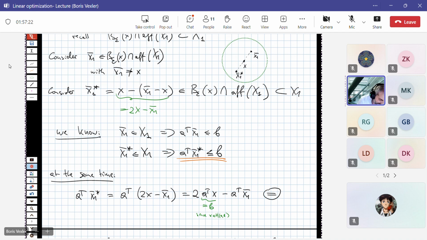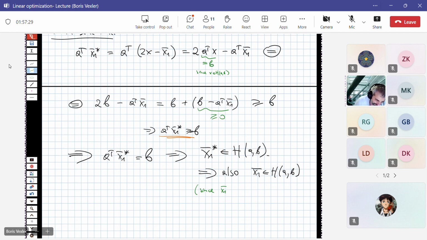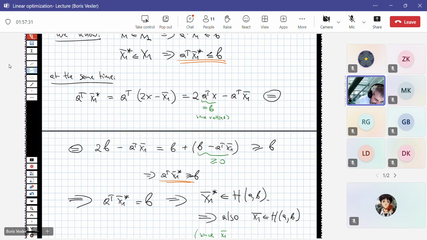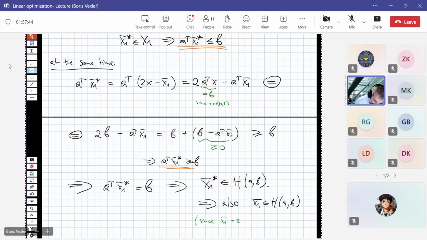Let me write it down here in some other fashion: X1 bar is equal to 2X minus X1 bar star.